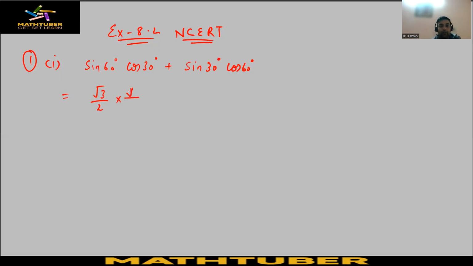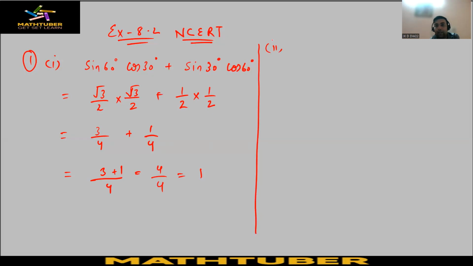And cos 30 is also root 3 by 2, plus sin 30 is 1 by 2, and cos 60 degree is also 1 by 2. If we multiply them, it will be 3 by 4 plus 1 by 4. And add them, take the LCM here, which will be 4. So 3 plus 1 by 4, which is equal to 4 by 4, which is equal to 1. So the answer of the first part is 1 here.